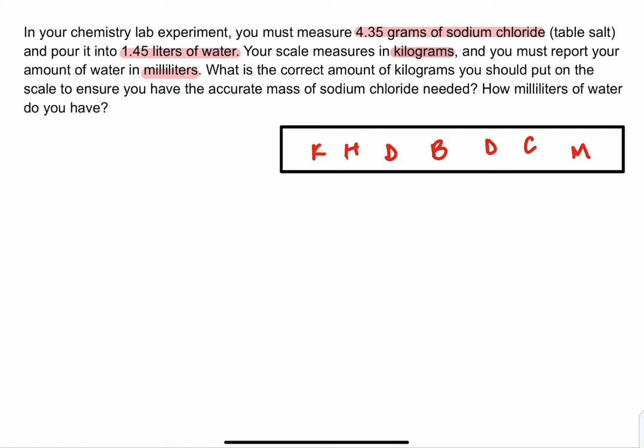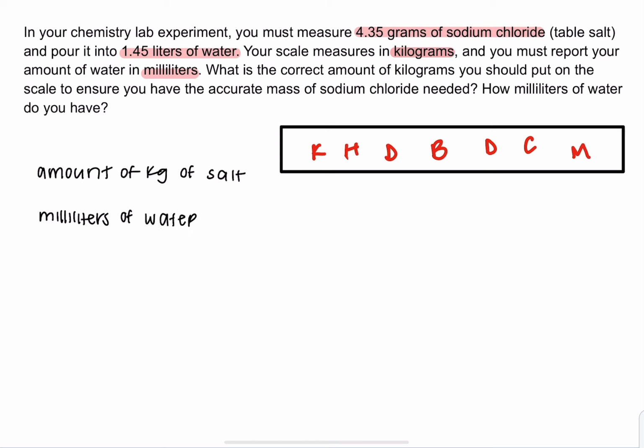We have to figure out the amount of kilograms of salt, which is the sodium chloride. And we also need to figure out the milliliters of water. Okay, so those are 2 key pieces of information that we need to figure out.